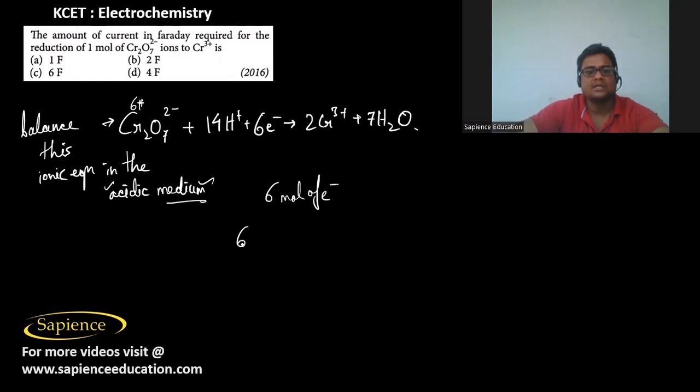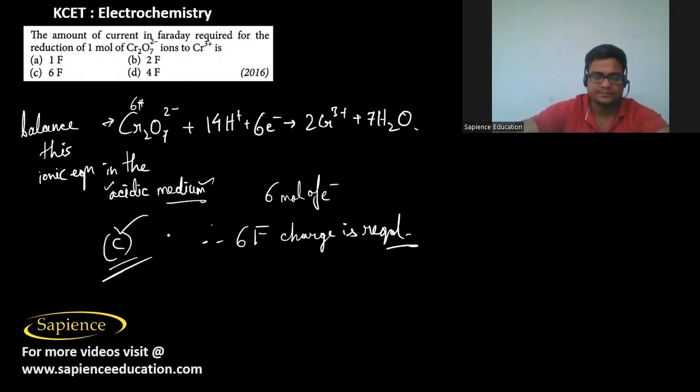So it means that 6 Faraday charge is required. So option C is the correct answer.